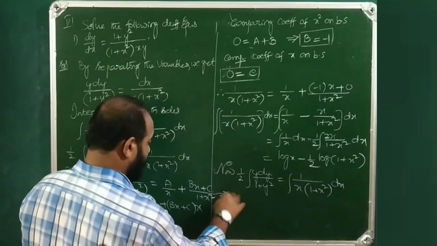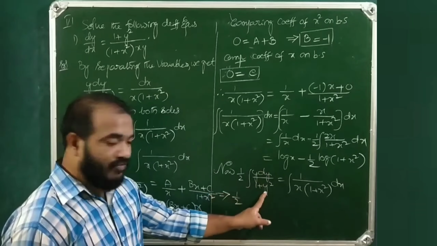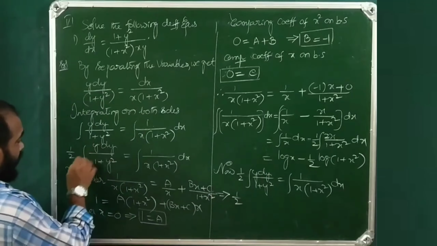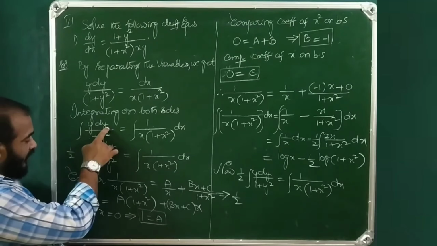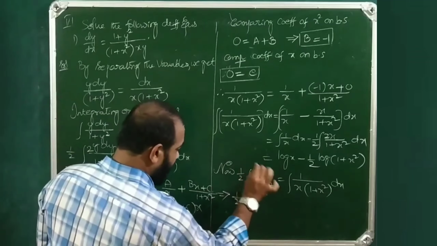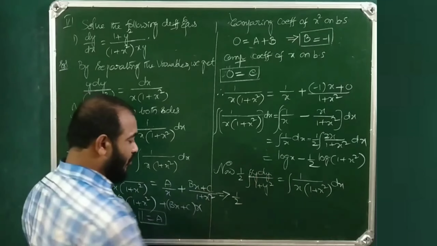This is equal to 1 by 2. This is f dash x by f of x, or f dash y by f of y. Here 2 should be multiplied, because y dy I just multiplied by 2 and divided by 2. Therefore 2 is missing here, which I had forgotten. So 2y. Now f dash y by f of y is log f of y.